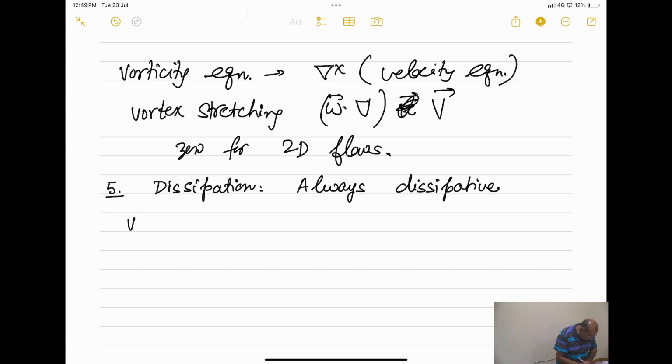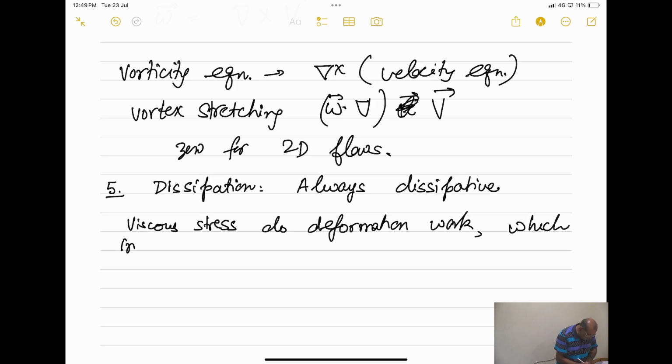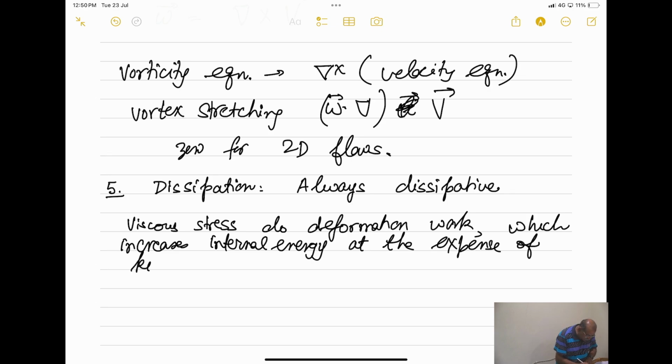Now in a turbulent flow what happens is viscous stresses do deformation work, which increases internal energy at the expense of kinetic energy.